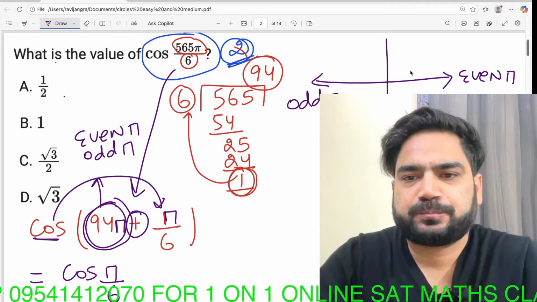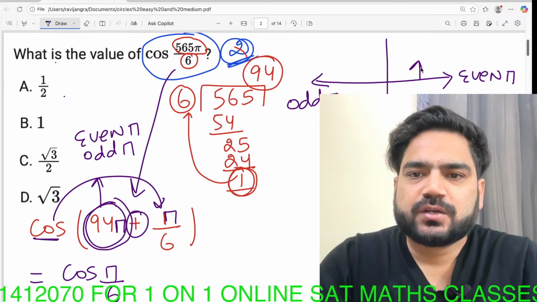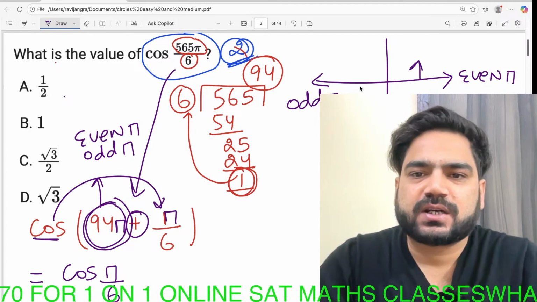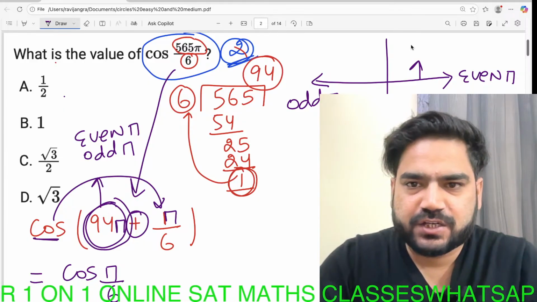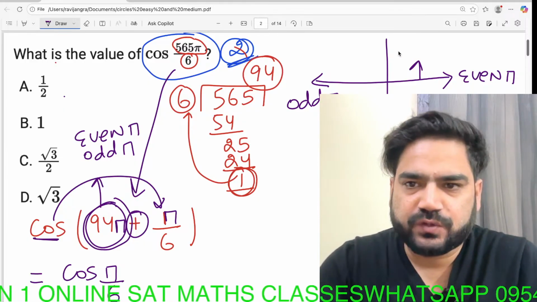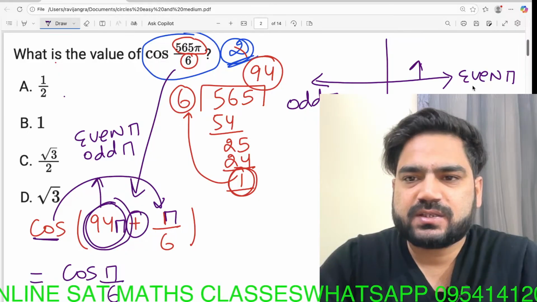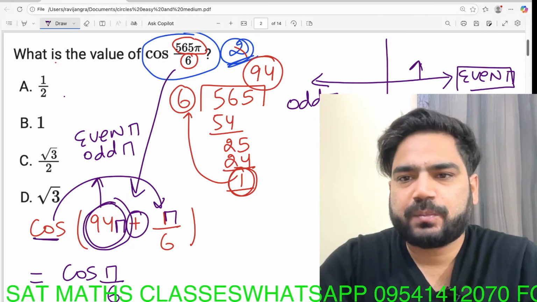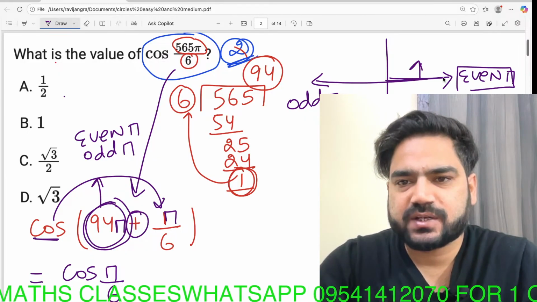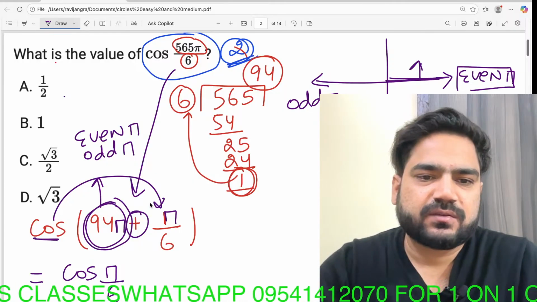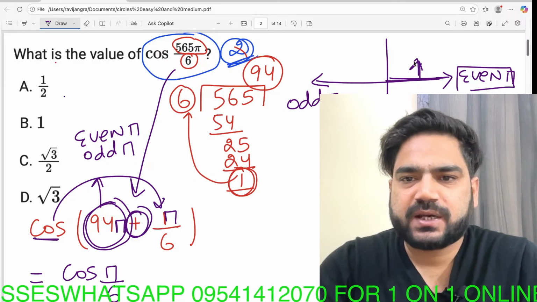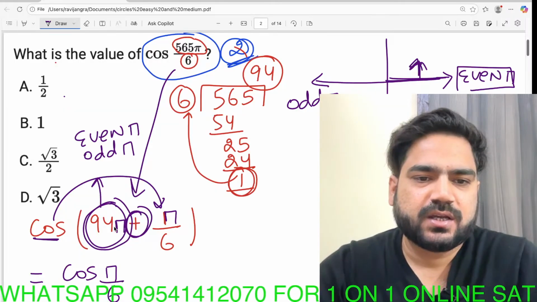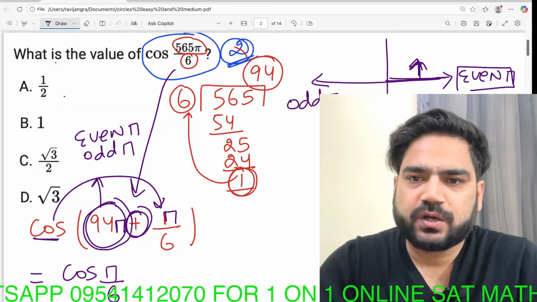Plus sign means that we have to add. The circle moves in the anti-clockwise direction if you are taking the angle in the positive way. So this 94 pi lies on the positive x-axis, and if they are saying plus, then we'll go upside, and if there is a minus sign, then we'll go downside.